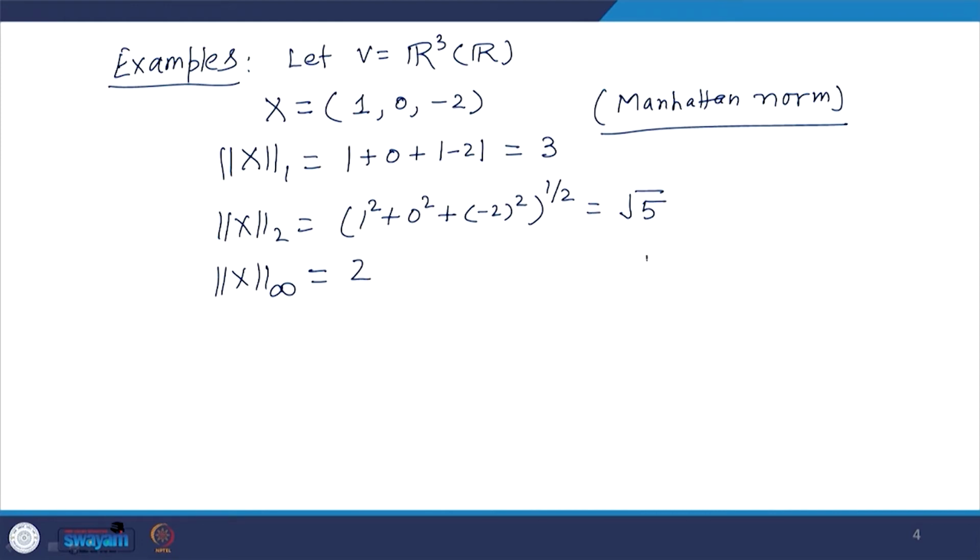Furthermore, if you want to see geometrically, this square is the max norm, the infinity norm.